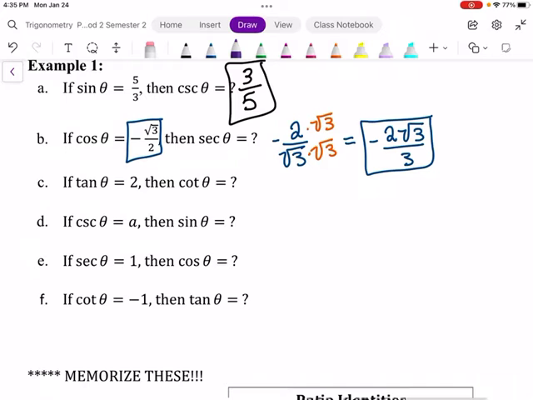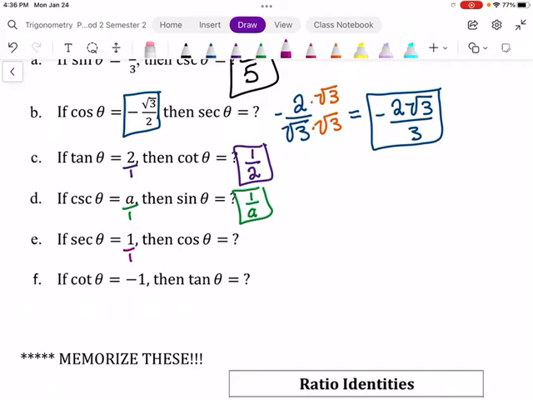Our next one, tangent of theta to cotangent. 2 is the same thing as 2 over 1, so the reciprocal of that would just be 1/2. Cosecant to secant. Even if you have a variable, you can write it as a fraction. A is the same thing as a over 1, so the reciprocal of that would be 1 over a.